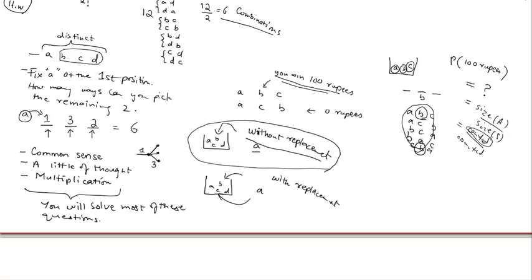But how many options do I have? 2. Because I've already picked A and then I picked some other object. Now only 2 remain. So from those 2, I pick one more. So the total number of branches that I get are 6, which is 1 into 3 into 2.